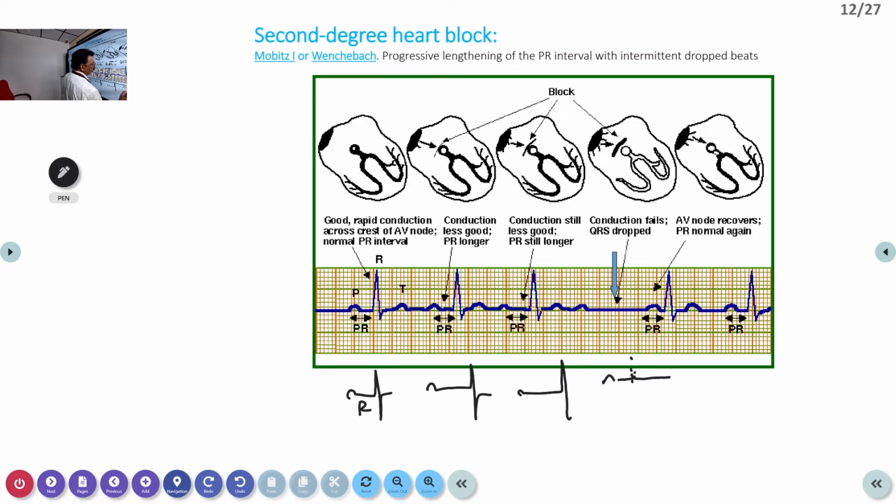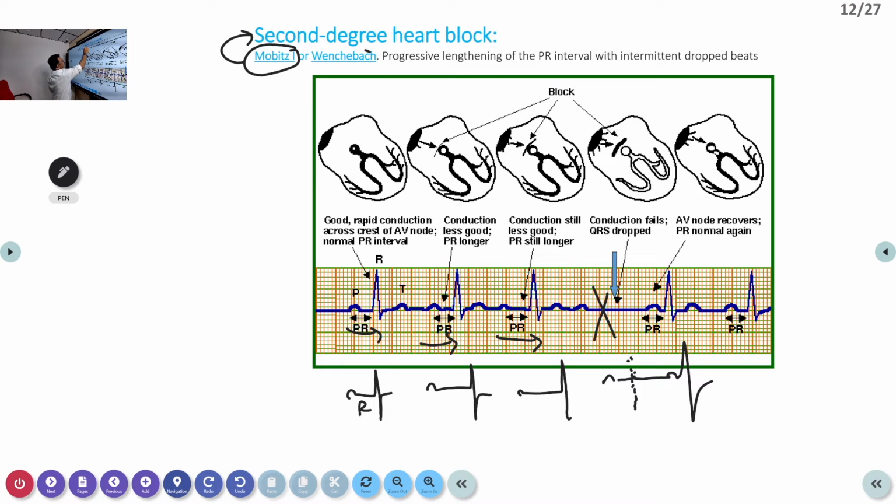Somewhere you need to get a QRS, but it is not there. Then the next P wave comes with a QRS complex. So progressive prolongation of the PR interval, then a sudden drop of one QRS complex. That is Wenckebach's phenomenon, or Mobitz type 1. It's very important. Mobitz type 1 second degree heart block.